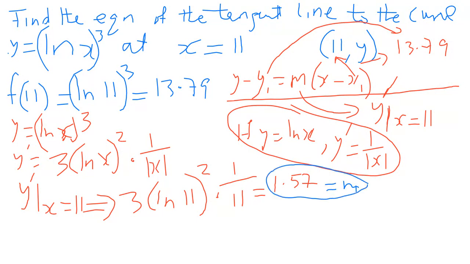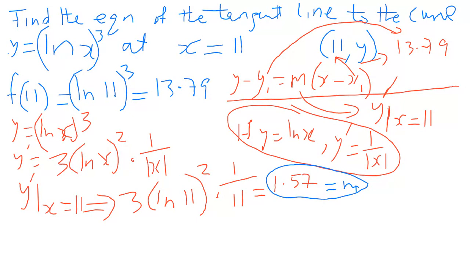I can now plug in the slope. See, I have y1, y1 is already here. I have x1, it is 11. I have the slope. So I want to find the equation of the tangent line.